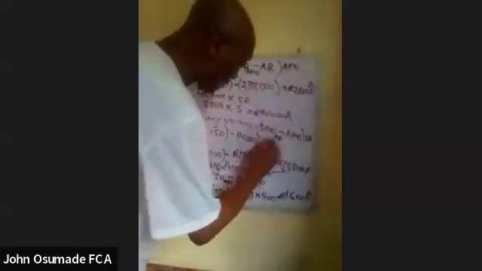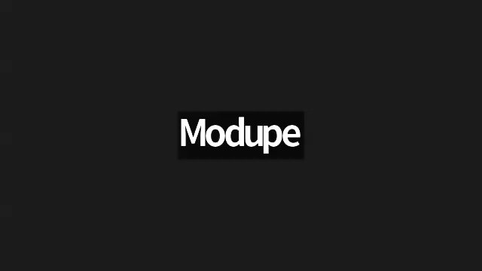So 150 times 300 is 45,000, minus 44,000, the 1,000 remaining times 5 equals 5,000.